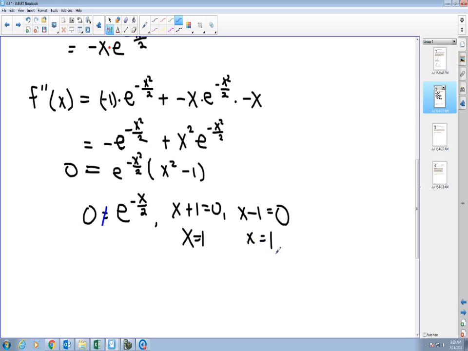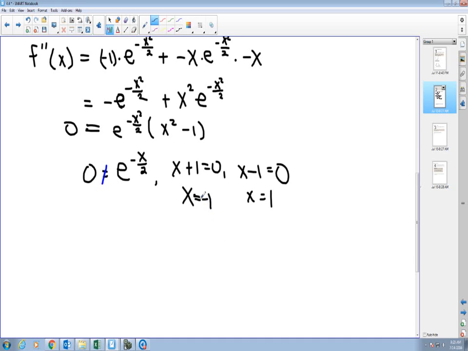So here I got 2 points. One is positive 1, one is negative 1. Alright, so let's take a look at the intervals. From negative infinity all the way to negative 1, I'm gonna use negative 2 to test with.